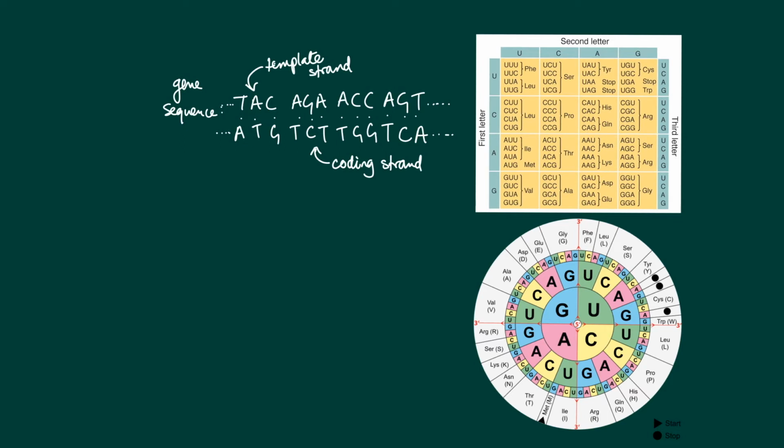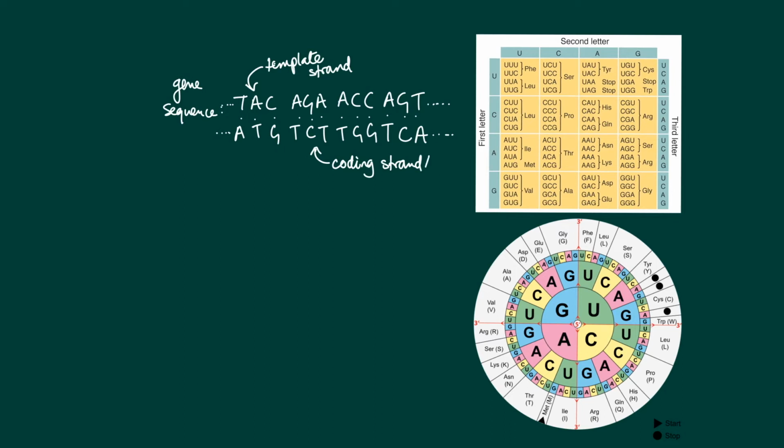Other descriptors of the two strands are also sense and antisense. So the strand right here, because it reads pretty much as the mRNA molecule, is also called the sense strand, because it makes sense.